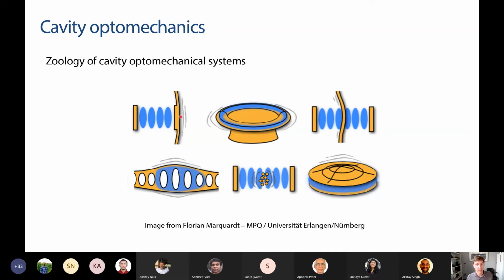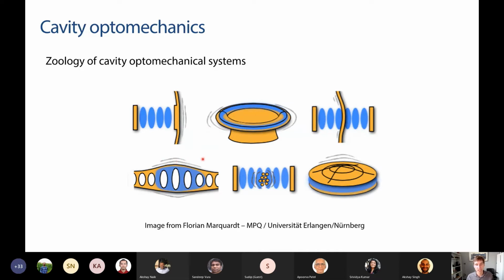And what all of these devices have in common, despite looking very different, and if I show their length scales, you can see that they can be very different in size as well, is that you have light represented in blue here, which is confined to a volume which overlaps and interacts quite well with mechanical vibrations or mechanical resonances, which are represented by these gray kind of squiggles.